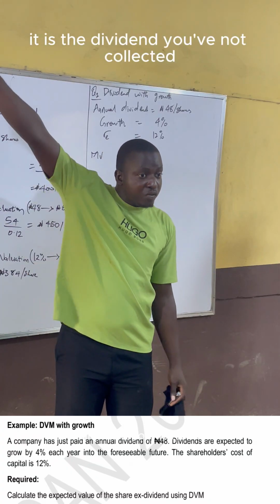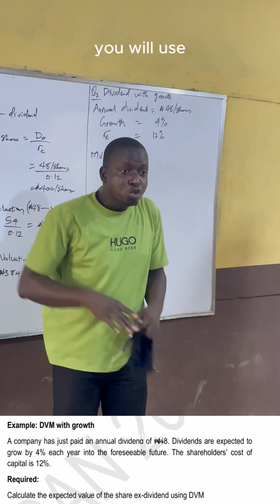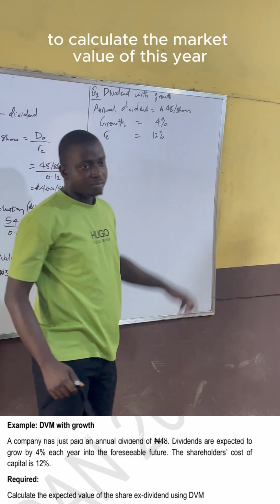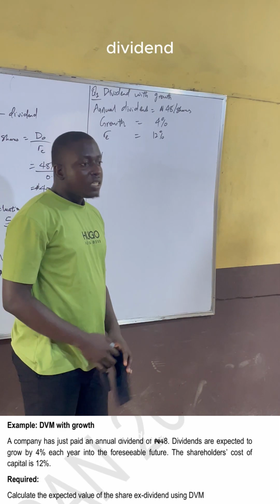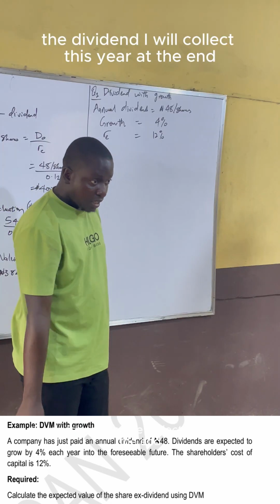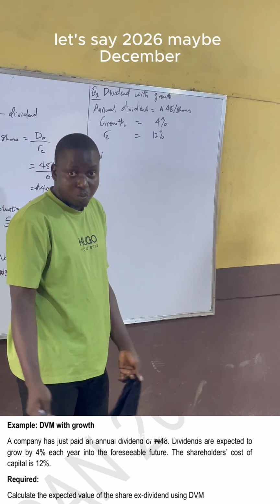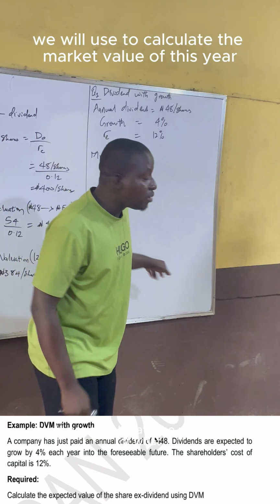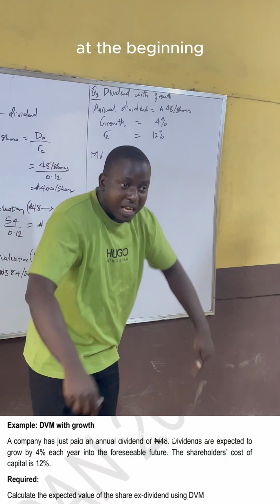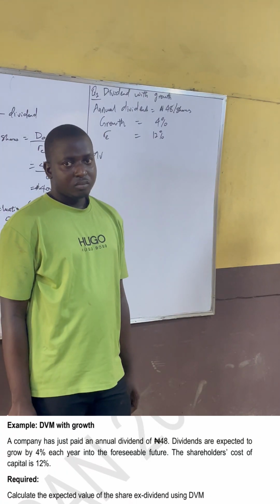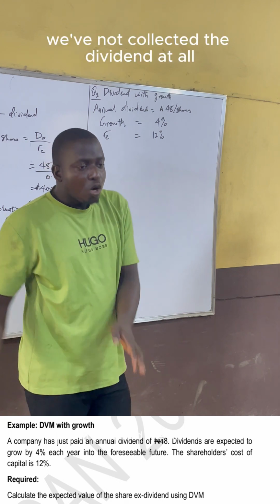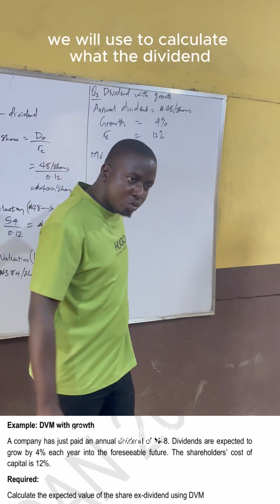It is the dividend you have not collected that you will use to calculate the market value of the share. The dividend we will collect this year, at the end, let's say December 2026, we will use to calculate the market value of the share at the beginning. We have not collected the dividend at all.